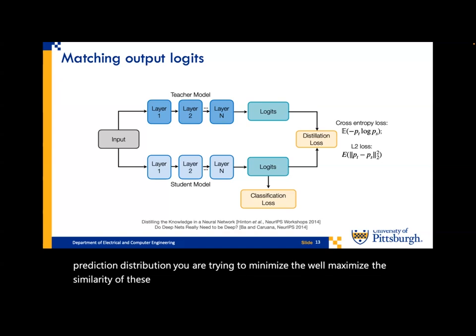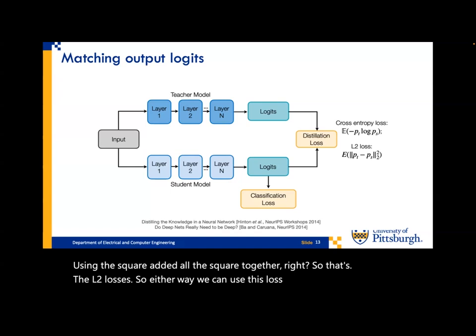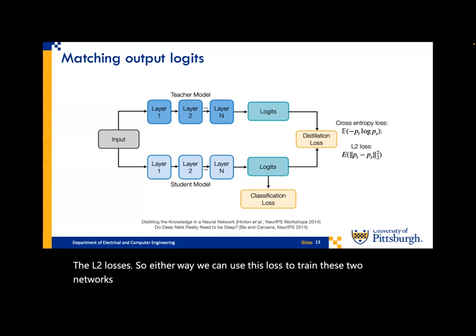For L2 loss, essentially it's the Euclidean distance. You simply subtract each vector, square, and add all the squares together. So that's the L2 loss. Either way, we can use this loss to train these two networks, making sure the distillation loss is minimized.